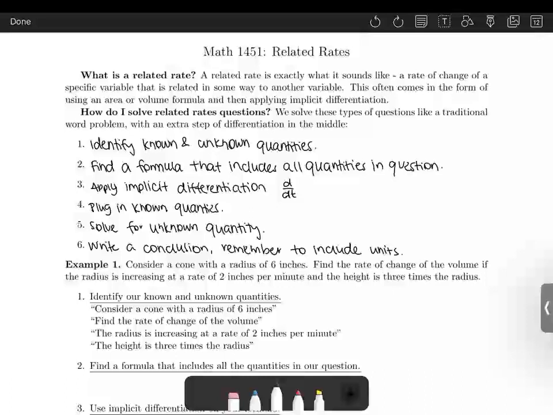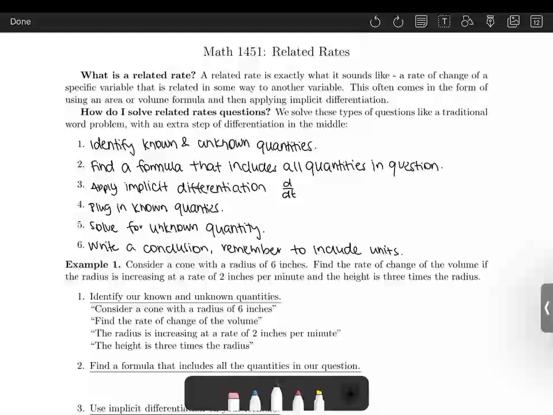If we're filling up a pool, then the volume and the length and the height are increasing. However, if we are draining a pool, then that volume and height are decreasing. So these answers can be positive or negative. And whenever you're writing your conclusion, just go back and think, does this make sense in the context of the question that I was asked?